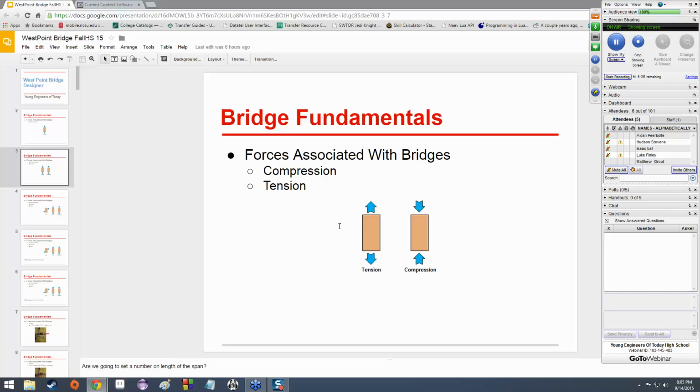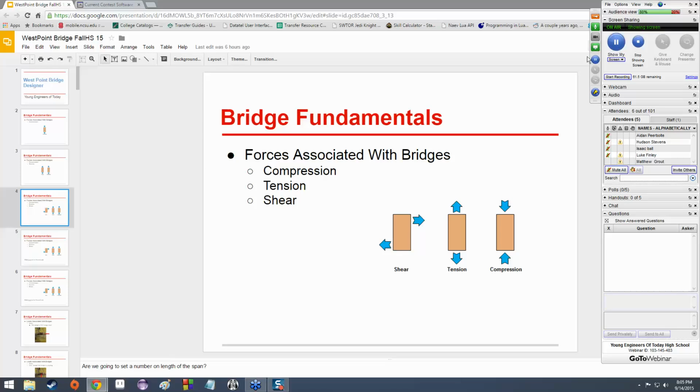Now, similar to tension, yet different, you've got shear. What makes this different? Well, I'm glad you asked. You'll notice on compression and tension, those force arrows are going right down the middle, the center of the material, along the strongest part of the material, where it might be connected.